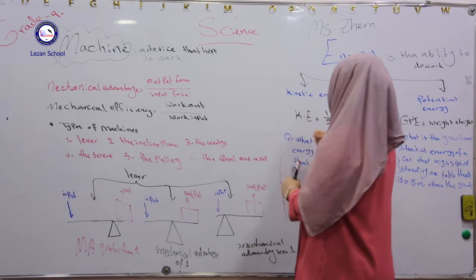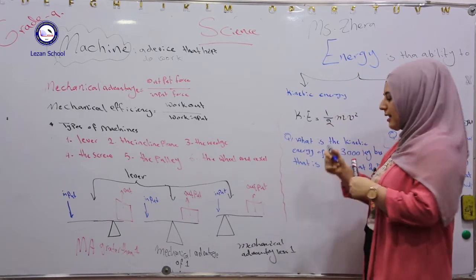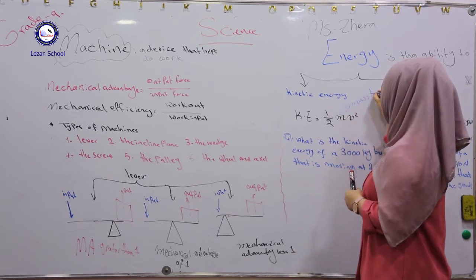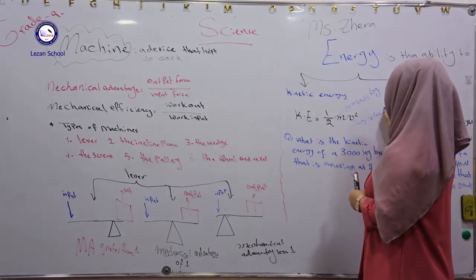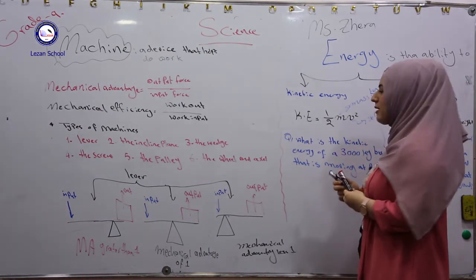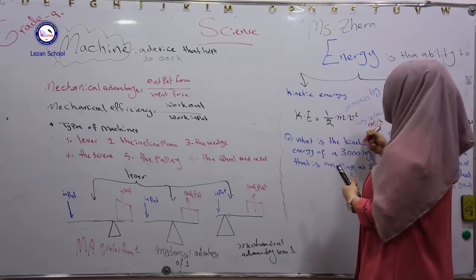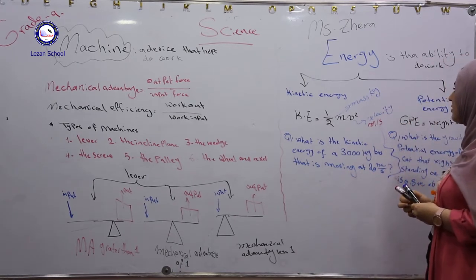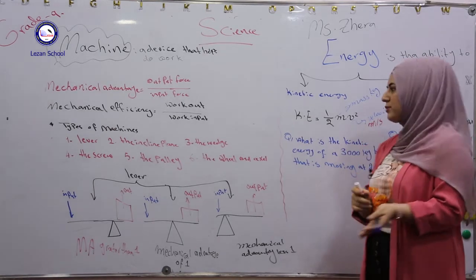Kinetic energy equals 1/2 mv squared. What's the m? M is mass, and as you know, mass is measured in kilograms. V is velocity. By the way, the SI unit for measuring velocity is meter per second. This is the rule of kinetic energy. We will now talk about potential energy. Kinetic energy is the energy of motion.